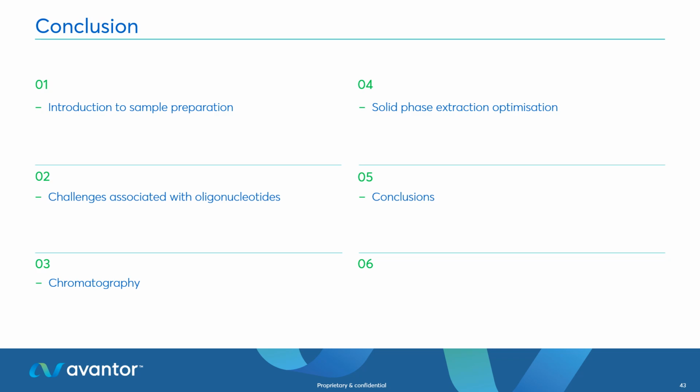I think we've got time for maybe one or two more. So do you think that this approach would be applicable to a wider range of oligonucleotides? I know you said we were looking at maybe having a general method, but do you think other oligos would be suitable? Yeah, the approach I've been trying to encourage the team to do is not necessarily come up with one method that does all, because with oligonucleotides, the complexity that we see within the physicochemical properties is such that it's an approach to method development that works most effectively, and that's what we've been trying to employ.